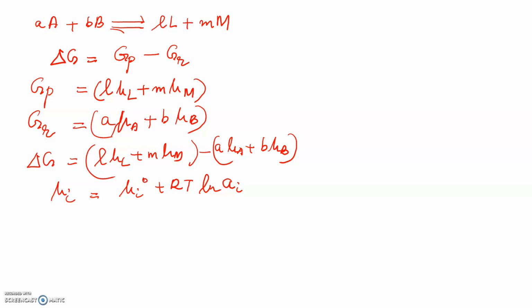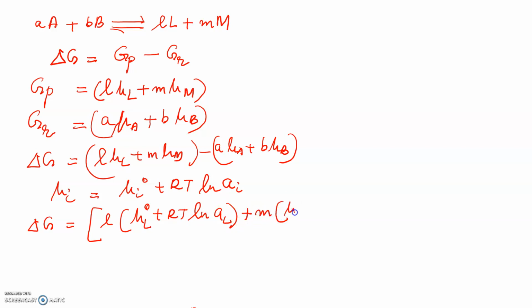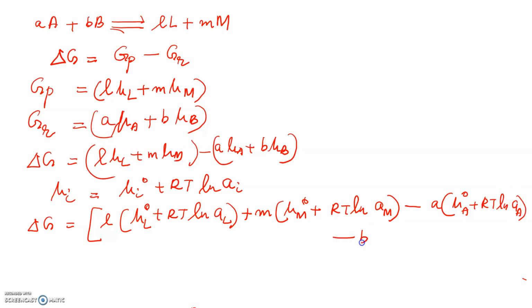Substituting this, delta G will be equal to l into (mu L0 plus RT ln a L) plus m into (mu M0 plus RT ln a M) minus a into (mu A0 plus RT ln a A) minus b into (mu B0 plus RT ln a B).